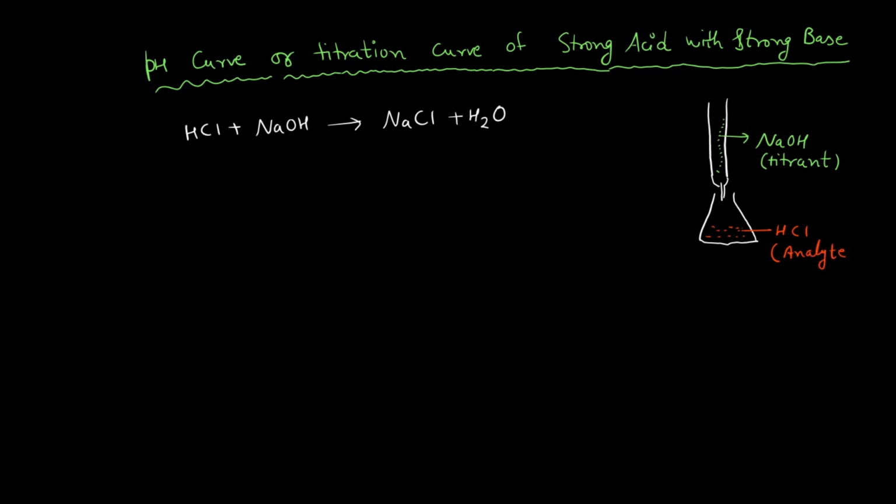So this is our analyte, and we do the titration. We put phenolphthalein as an indicator to see the end point. Okay, so now let us draw the lines for the pH curve. So this is my y-axis and this is my x-axis.